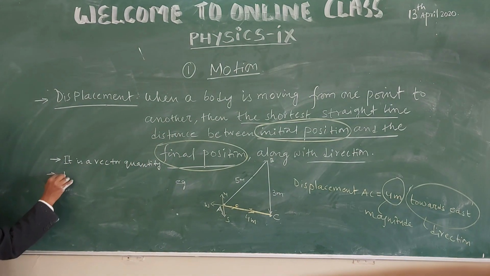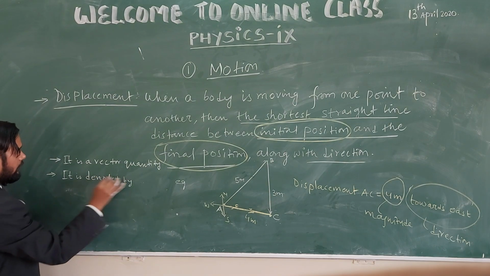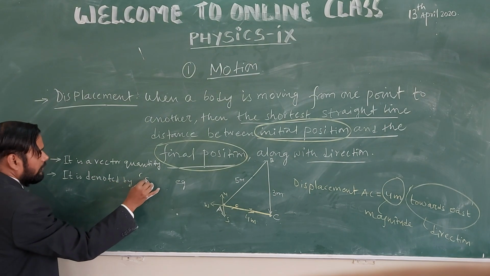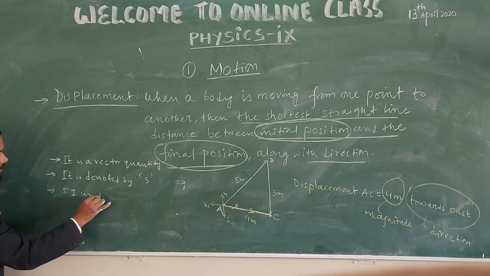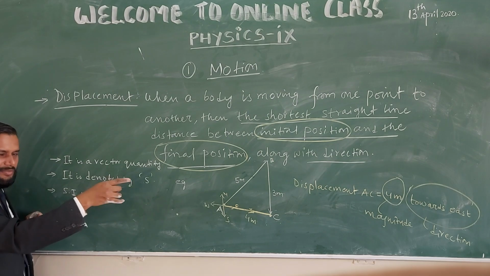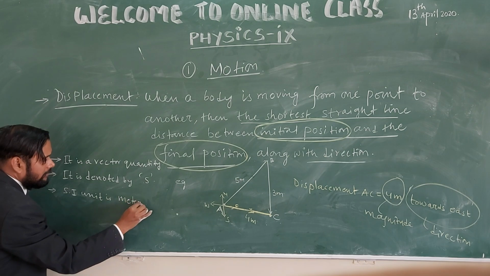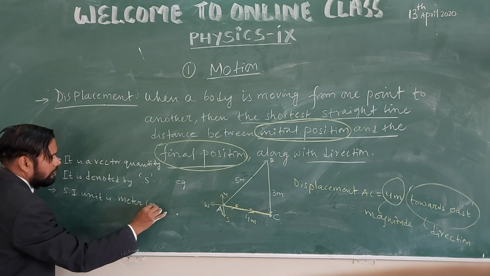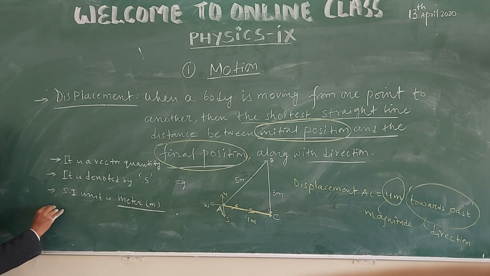Second point, it is denoted by small s. Third point, SI unit is, see, we are measuring length, so for length it is meter. Small m.